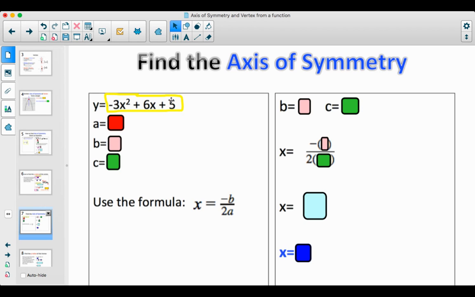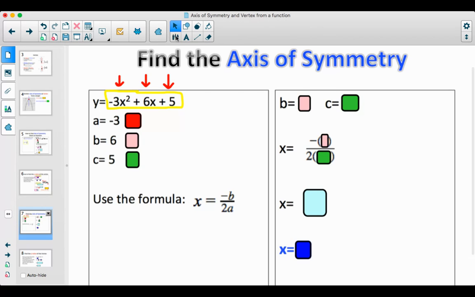In this function here, you could think of it like A, B, C in the alphabet. A comes first, then B, then C. In your function, A comes first, B is second, C is last. So in this example here, A is negative 3, B is 6, and C is 5.